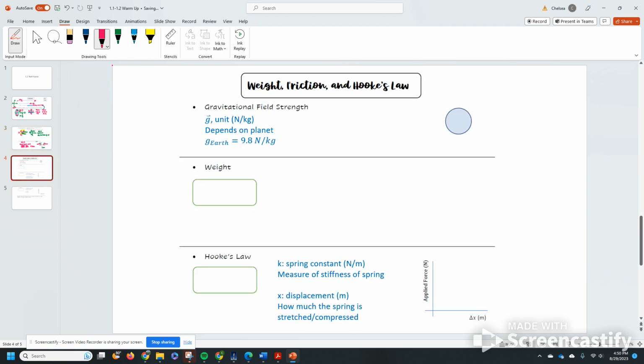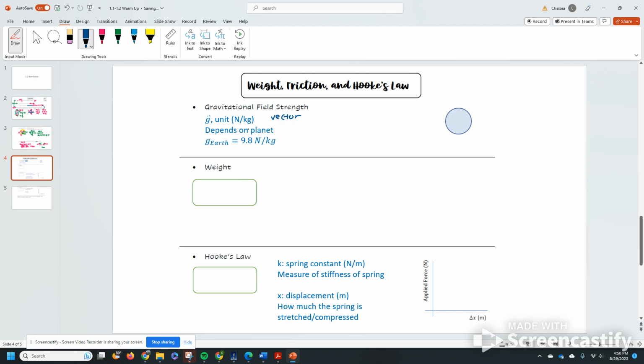All right, here now we've got a few definitions and a few new equations. So the first thing we're going to define is gravitational field strength. Gravitational field strength has the lowercase letter g, and it has a little vector symbol above it because it is a vector quantity. This depends on the planet.